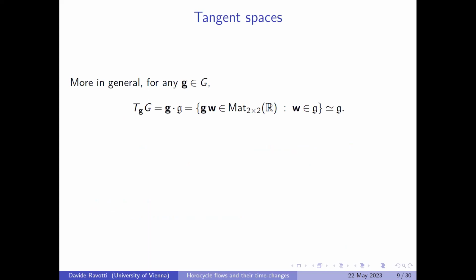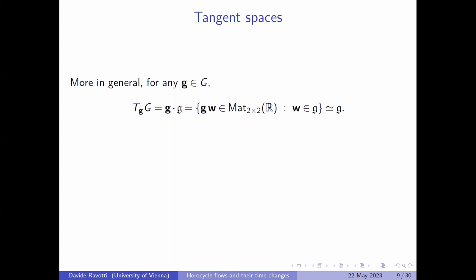So more in general, you can look at the tangent space at some other element G, and you can see that the tangent space at some other matrix of your group consists precisely of the product of one matrix W that was in the tangent space at the identity times G itself. You can see this, for example, by noticing that any curve that goes through G is in one-to-one correspondence with the curve that goes through the identity multiplied on the left by G. So the tangent space at little g is in one-to-one correspondence with the tangent space at the identity.